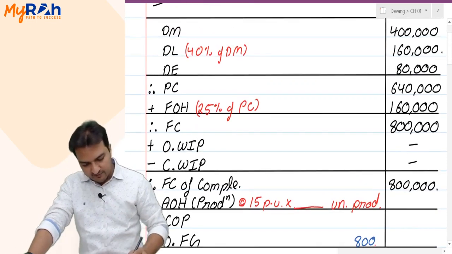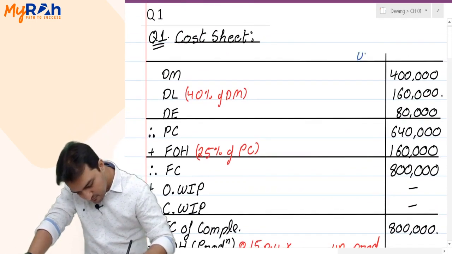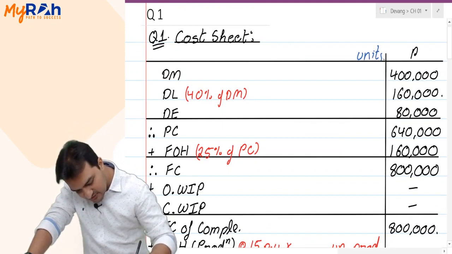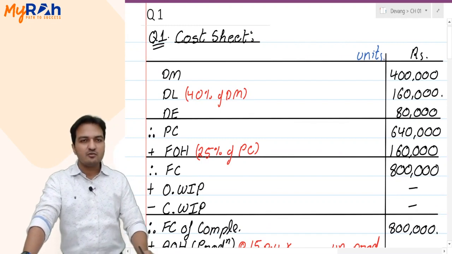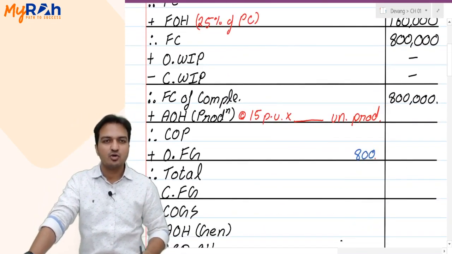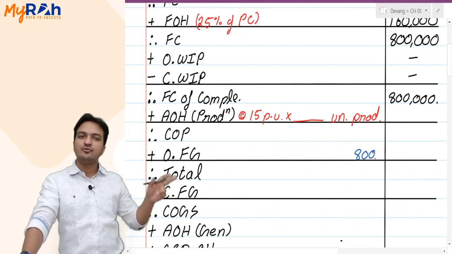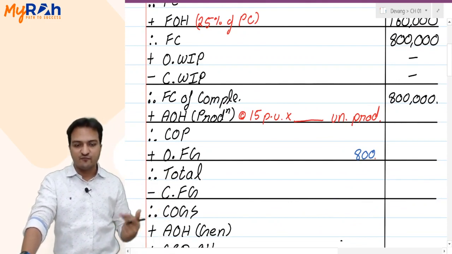Consider this inner column indicates units and the outer column indicates rupees. I told you the units column is just for your understanding purpose. It is not a part of the final answer. You can mention it and leave it there. You don't need to rub it off for the exam.